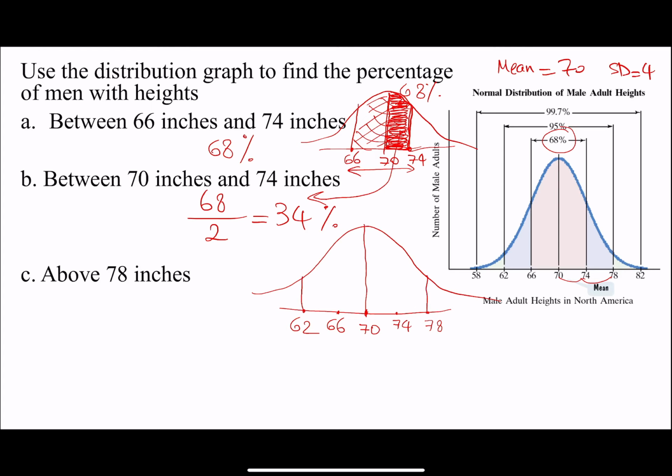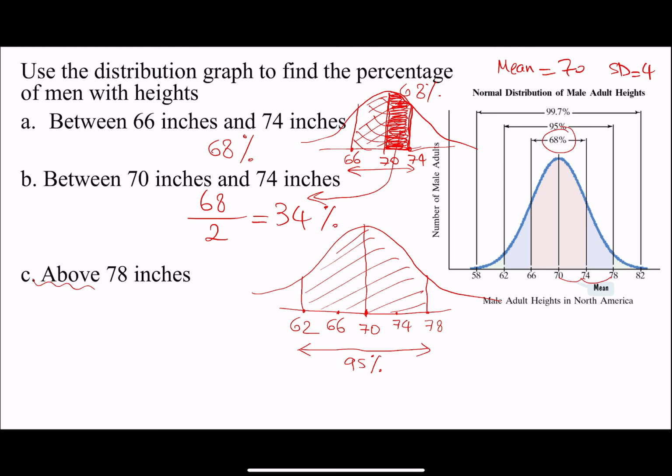So guys, we know that based on the rule, 95% of the data items fall between 62 and 78. But now it wants you to find above 78.